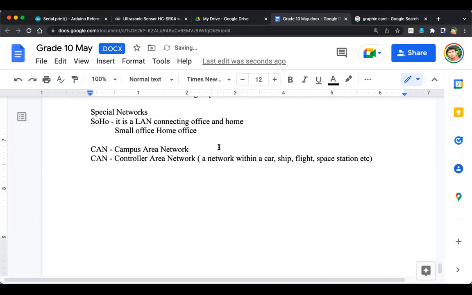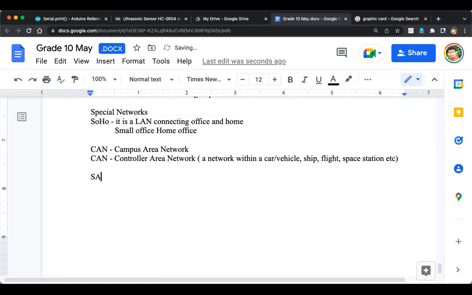So that is isolated but connected. A vehicle can have a network, a ship, a flight, a space station. Those are CAN, controller area networks.